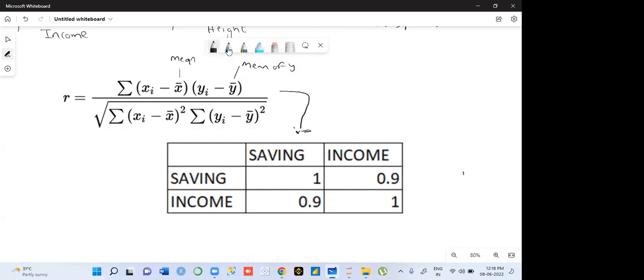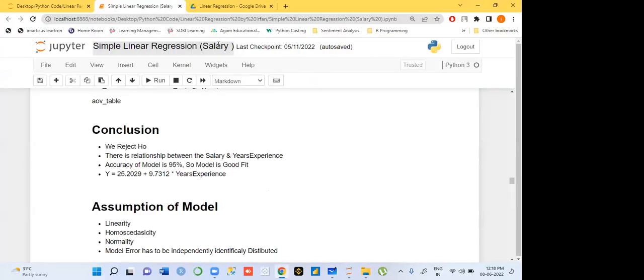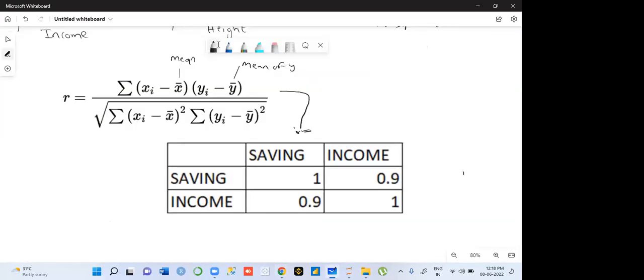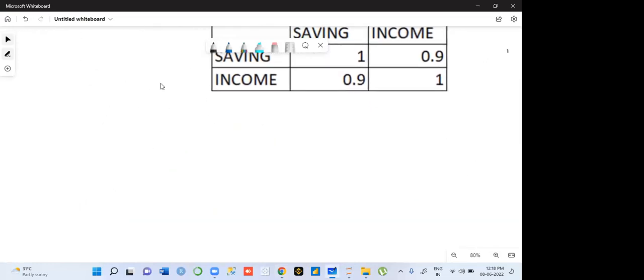Guys, we have not done R-square, we have not done any equations. So we confirm by correlation whether we have a relation or not. After confirmation, our main job is to find this equation, which is beta naught plus beta 1 x1 plus e. This is your linear regression equation.